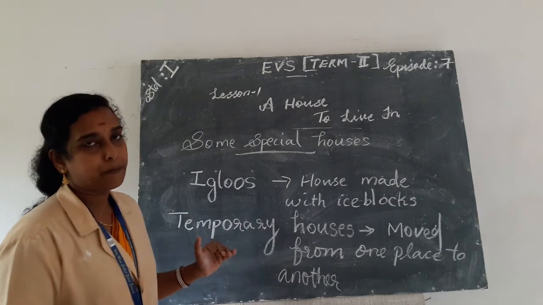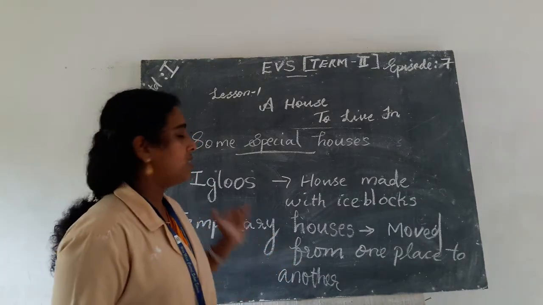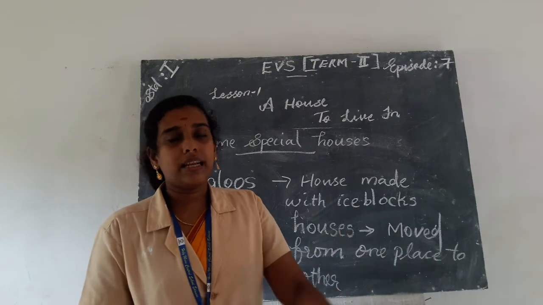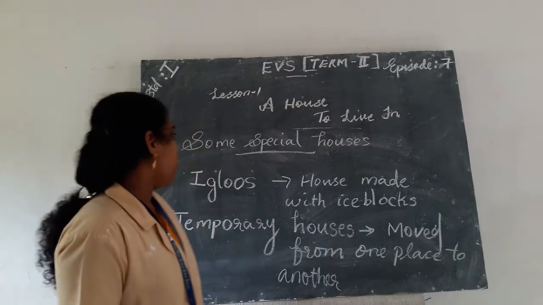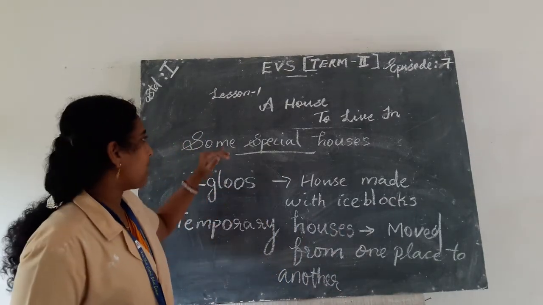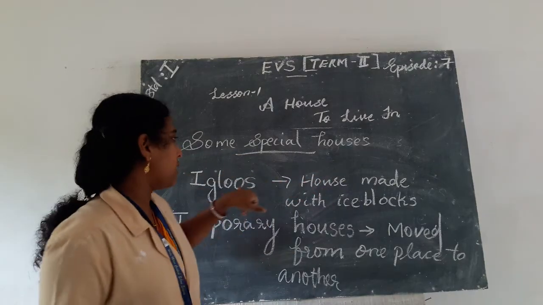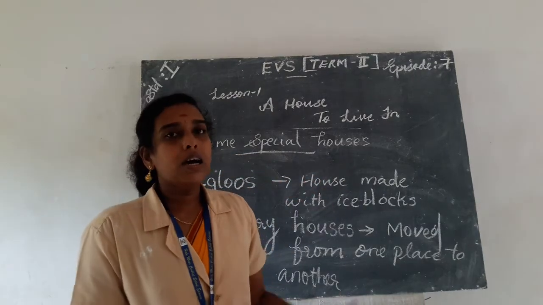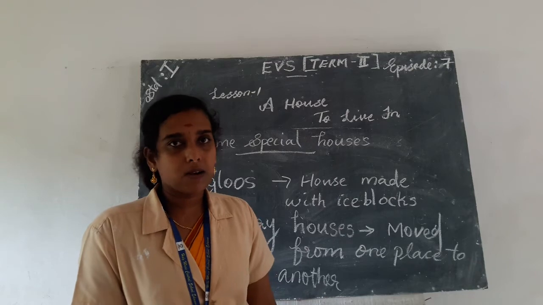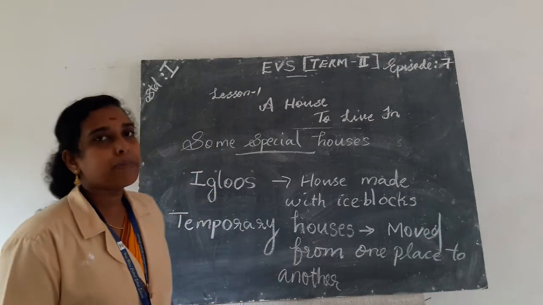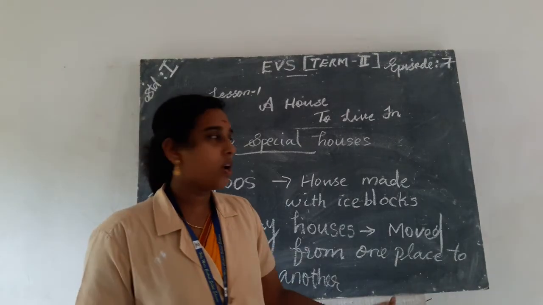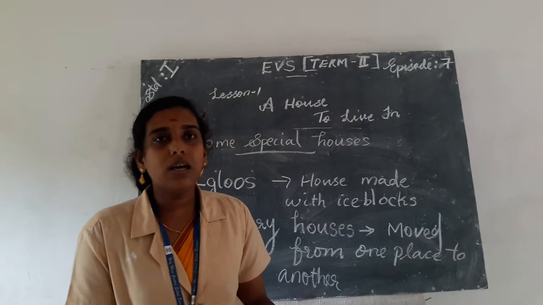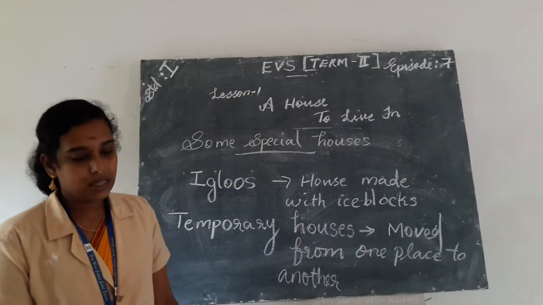The examples for temporary houses are caravan and tent. Tent, T-E-N-T. So the first one, igloos. These are some special houses. Igloos are houses made with ice blocks. And temporary houses are houses moved from one place to another.